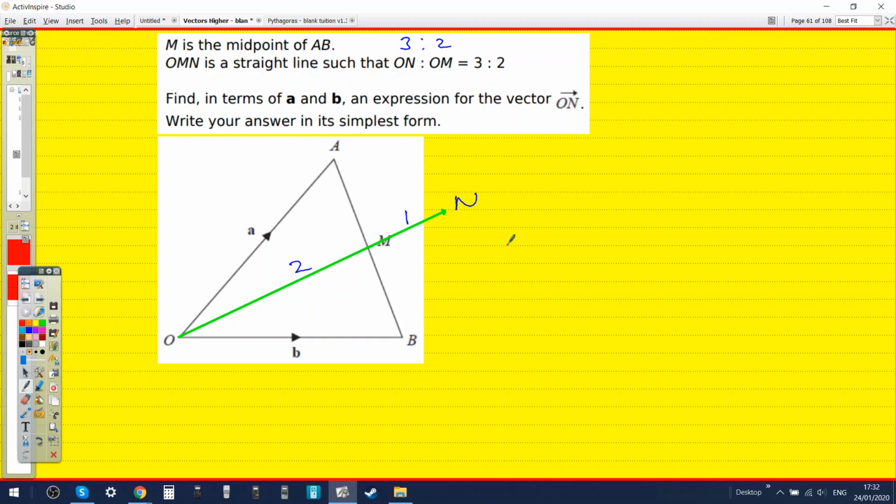So how do we do this? Okay. So B plus a half, open brackets, minus B plus A. Hold on.